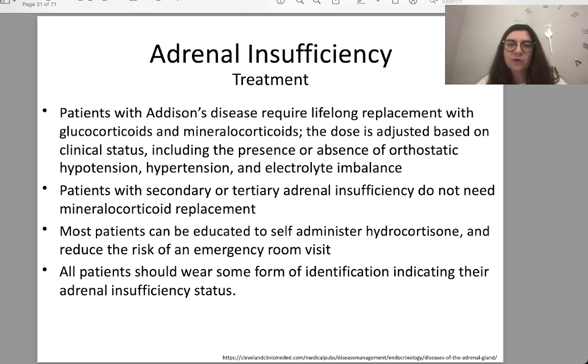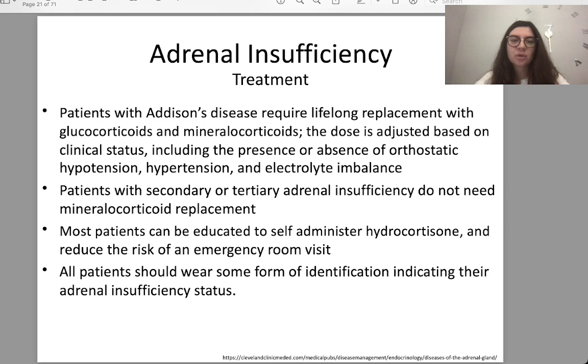Okay, treatment of adrenal insufficiency. Patients with Addison's disease require lifelong replacement with glucocorticosteroids and mineralocorticoids, as usually in endocrinology. If we have deficiency, we replace this hormone. The dose is adjusted based on clinical status, including the presence or absence of orthostatic hypotension, hypertension, and electrolyte imbalance.